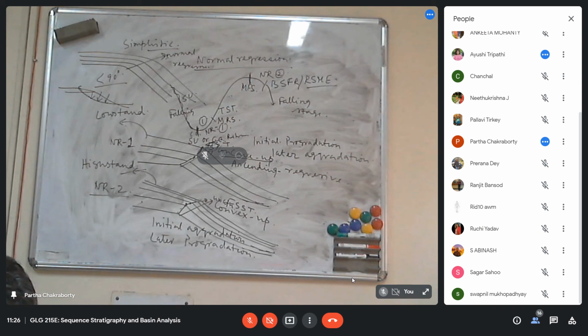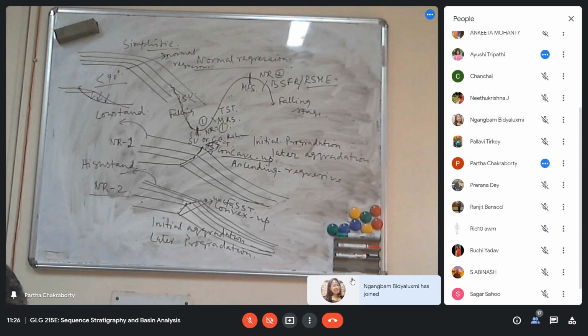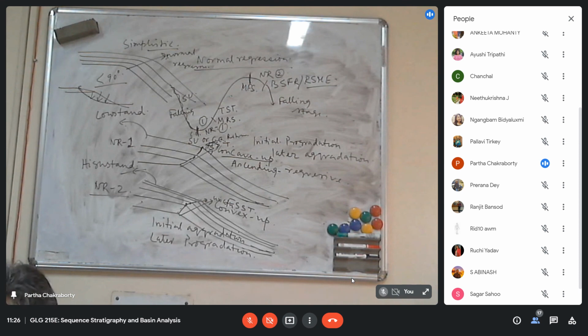Do we look for specific sedimentary structures for a particular systems tract? No, not sedimentary structure, but the environment. Suppose a delta: a delta always forms in normal regression, either as a lowstand delta or a highstand delta.